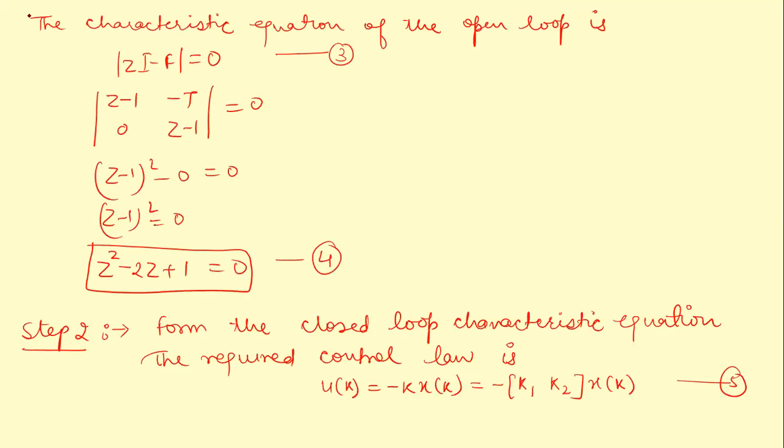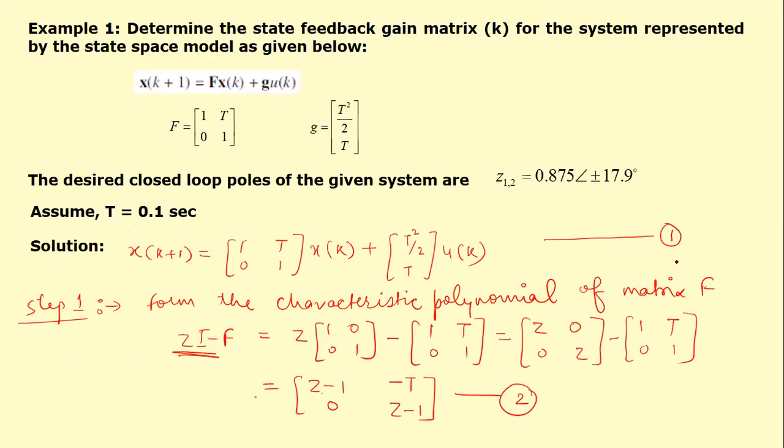Now we have this equation number 1, or you can say this general standard equation. If we substitute u(k) is equal to minus K x(k) in this equation, we will get the closed loop system.